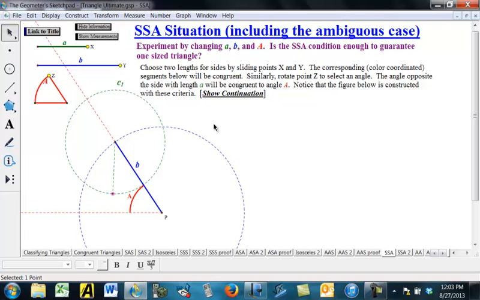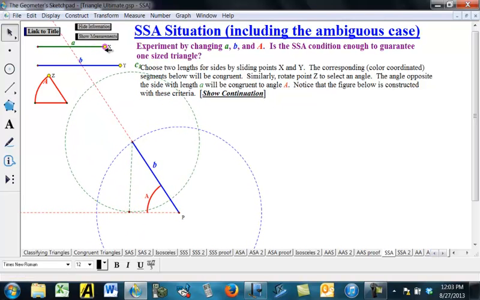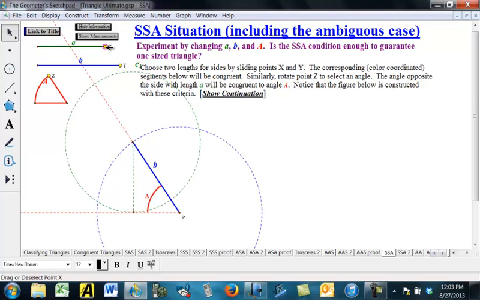However, if this side is a bit longer, it could so happen that the circle just touches in exactly one spot. We have a word for that.